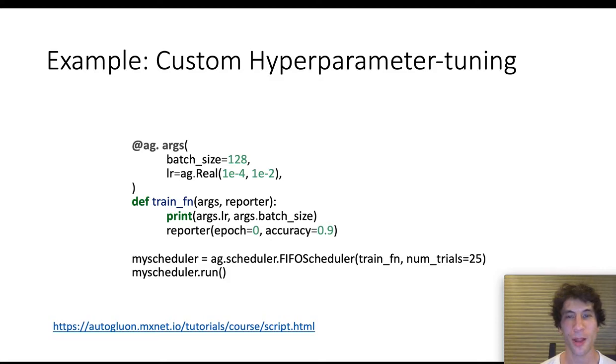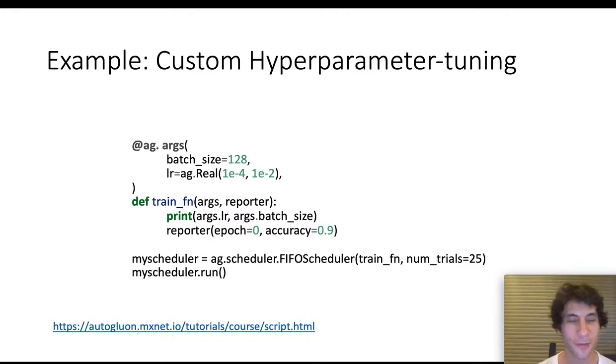Here's an example of the custom hyperparameter tuning. You have this dummy train function that takes in some keyword arguments. Here we have args, with keyword arguments LR, maybe that stands for learning rate, and say batch size. Here it just prints these out, so it doesn't do anything. And then this function will report its accuracy.